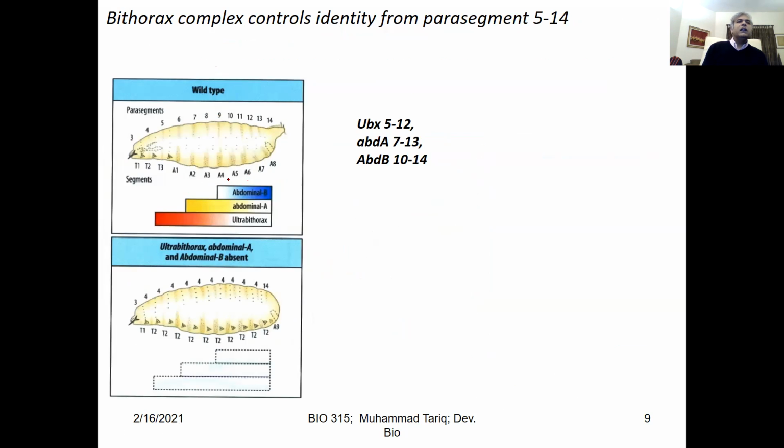If we take antibodies against different genes in the homeotic cluster of the bithorax complex, for example anti-UBX, anti-ABDA, and anti-ABDB, and we try to see the expression pattern of these genes in today's time, in the 21st century.